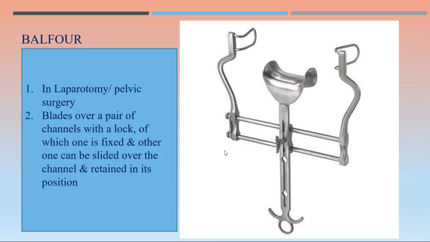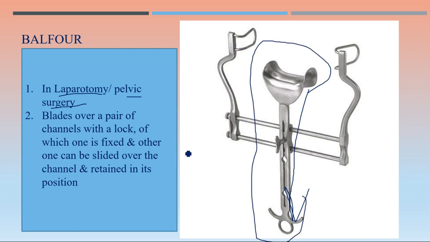How to identify. Then Balfour retractors, the self-retaining retractors, are used in cases of laparotomies and the various pelvic surgeries. Here you can see the blades over a pair of channels. This is the channel and this one is the blade, right? This one is the blade, with a lock here.